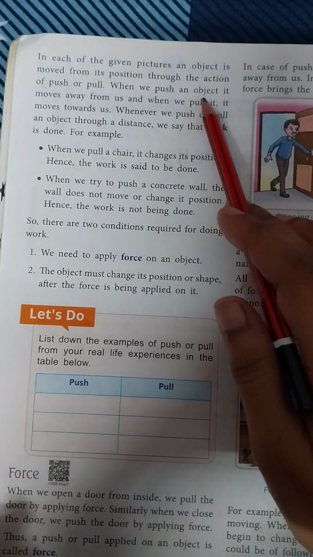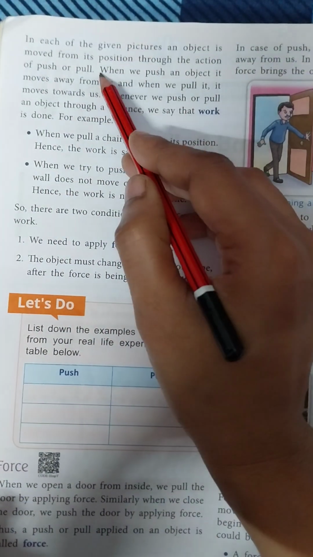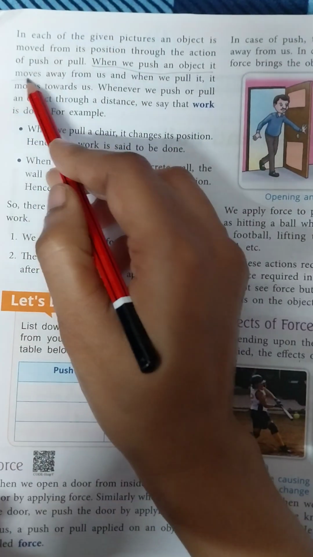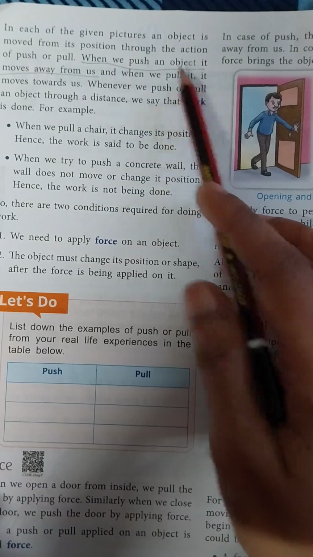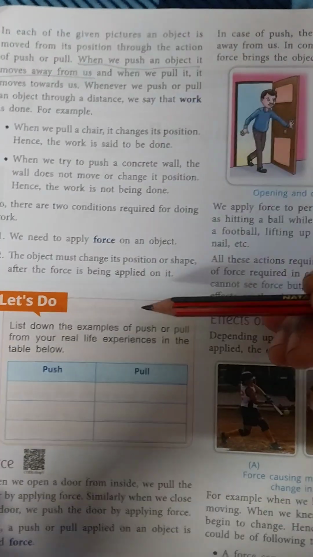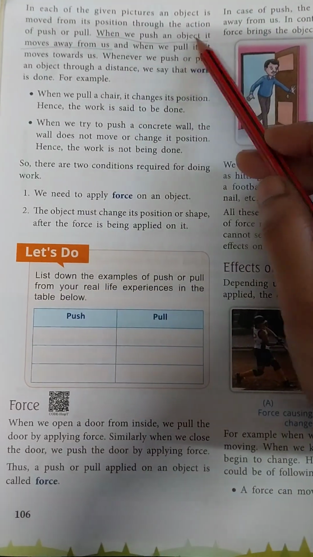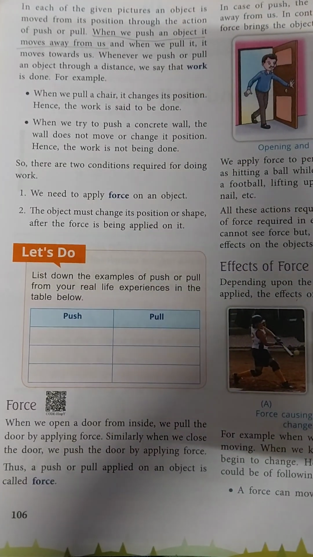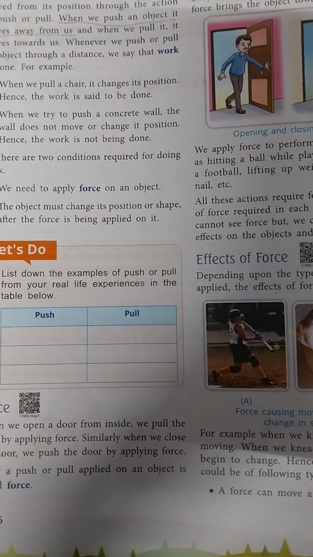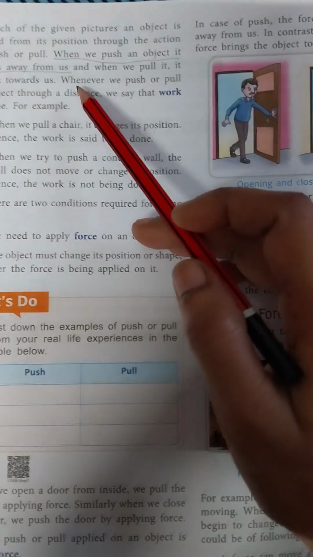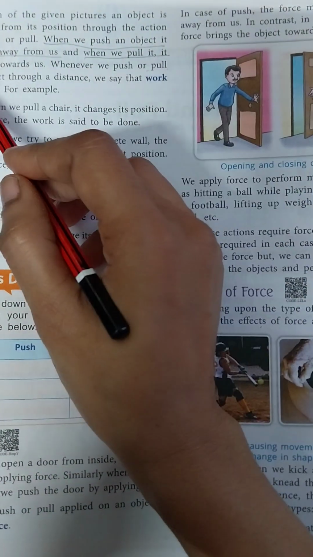So when we push an object, it moves away from us, and when we pull it, it moves towards us. So pushing means moving the object away, and pulling means bringing the object towards us. Very good.